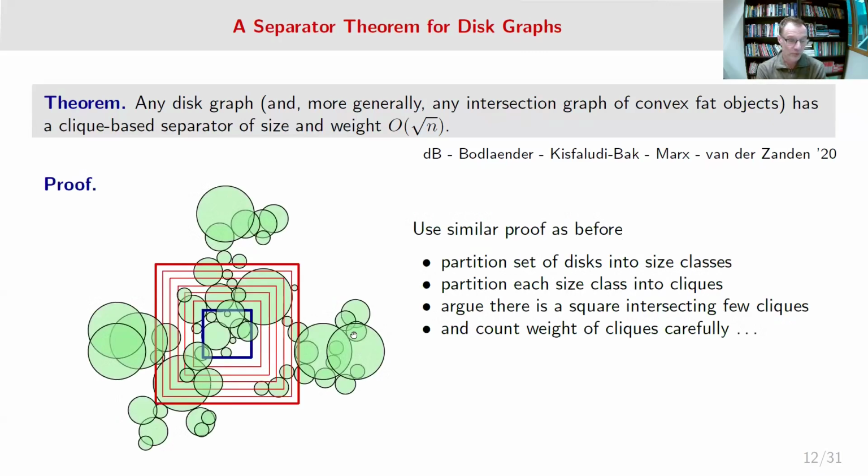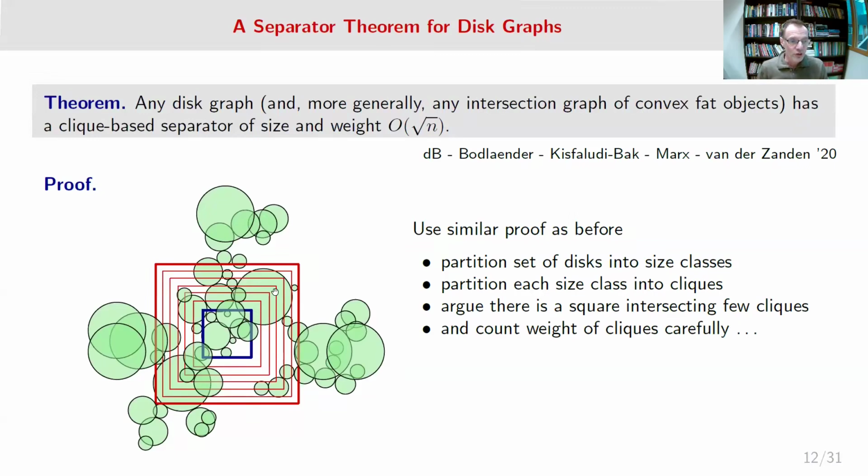And the proof is kind of exactly as before. So I take this smallest square containing, let's say, n over 36 of my disks in its interior. Remember that disks of a certain size, if they're small, don't intersect many of our candidate separator squares.